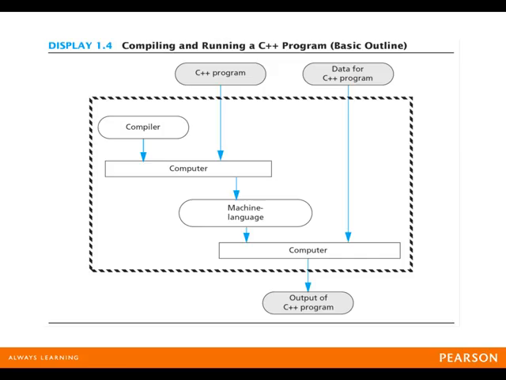That's what makes C++ a little faster than, let's say, Java or other languages, because it's going to have a binary code which is very close to the machine language, and it's going to run a little faster. The problem with that is if I compile it on one type of machine and I want to move it to another platform, I have to compile it on the other platform.